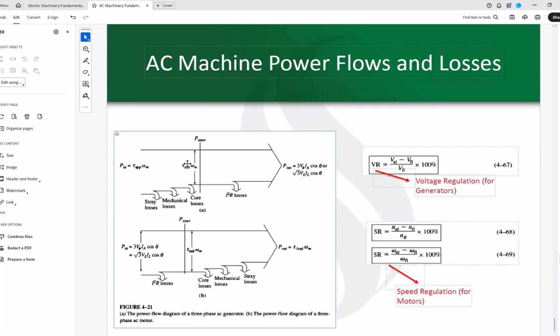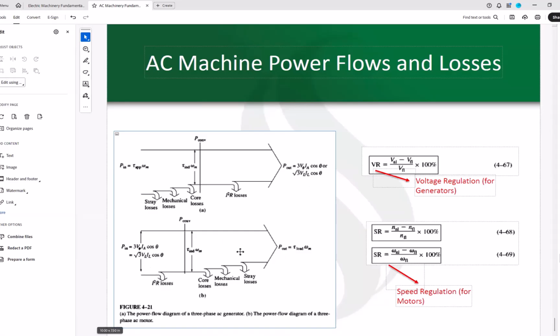So converted power would be tau induced times omega m. The difference between P in and P converted would be in the taus. Here you have the applied torque or the mechanical torque versus induced torque or the electromagnetic torque. When you reduce the copper losses, you would get the output power in the machine.